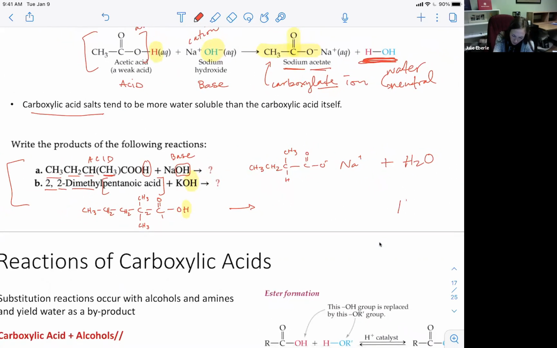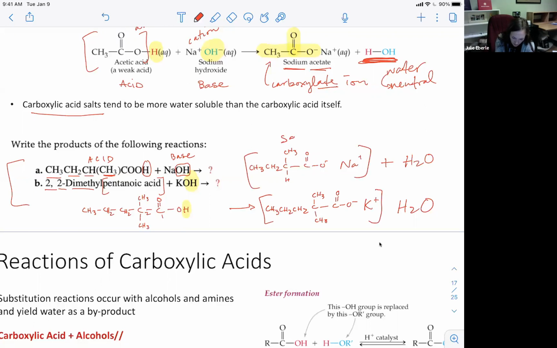Well, we know we're gonna get water from that. The other part, we draw the same molecule and it'll be in its anion form, and it's gonna be attracted to the positive potassium cation from the base. Okay, so you will get this. This is the salt. I'm gonna put these in brackets.